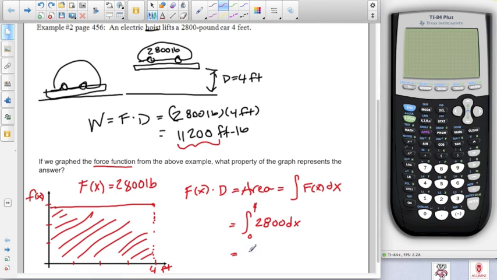And of course, integrating that would get us 2,800x from 0 to 4, and then plugging in x would give us that value of 11,200 foot-pounds. Foot-pounds is the English unit of work. And so we can see that this actually is a calculus application, and we're going to use this idea of this calculus application as we get into variable forces in the next few examples.